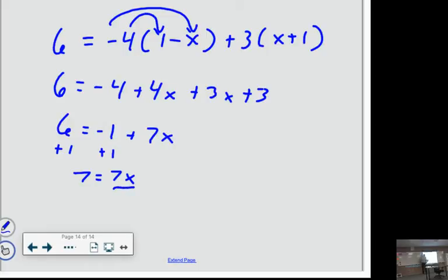Ooh. Multiplication property of equality. 1 is equal to x. Haha, my x is alone. There's only 1. See? Beauty. Happy. Gotta love it. The chance to distribute.